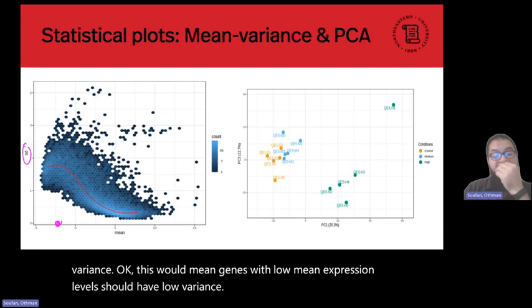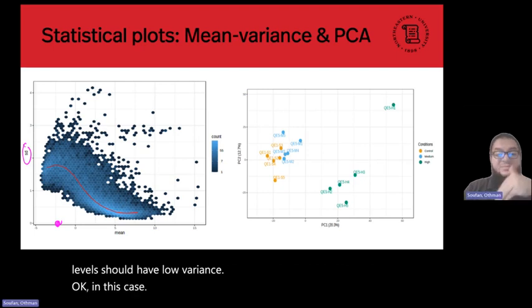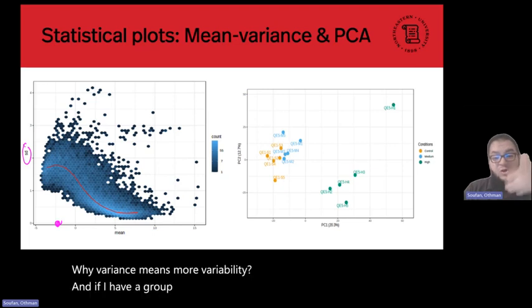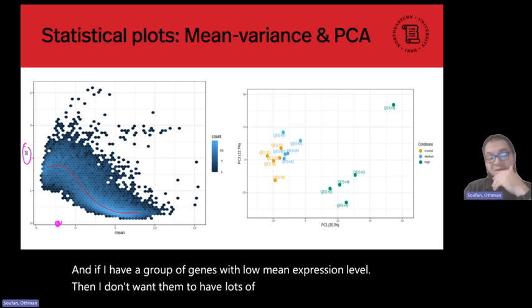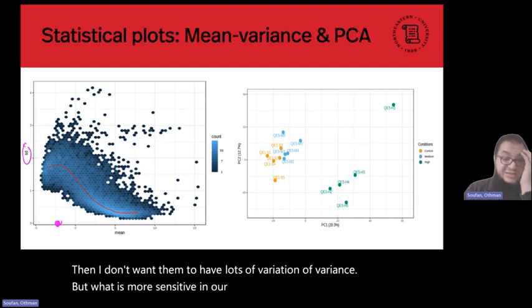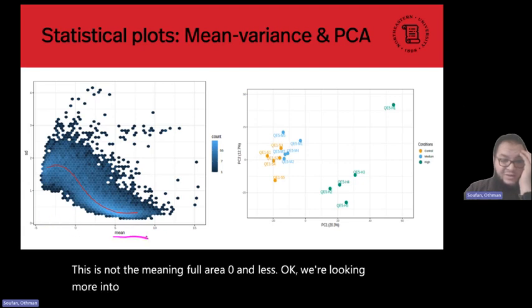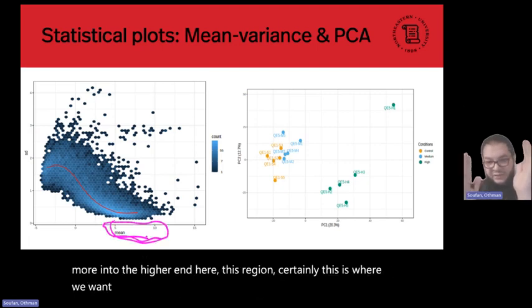In this case, why? Variance means more variability. If I have a group of genes with low mean expression level, I don't want them to have a lot of variance. But what is more sensitive in our statistical analysis is the higher end; certainly this is not a meaningful area, 0 and less. We're looking more into this region, where we want to be very careful.